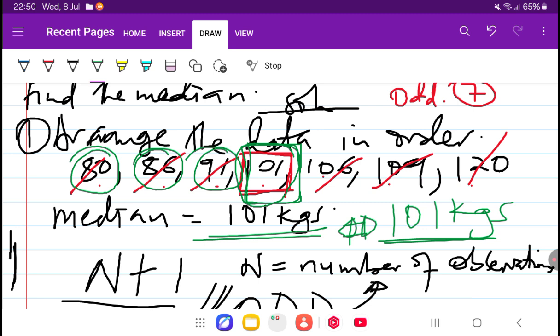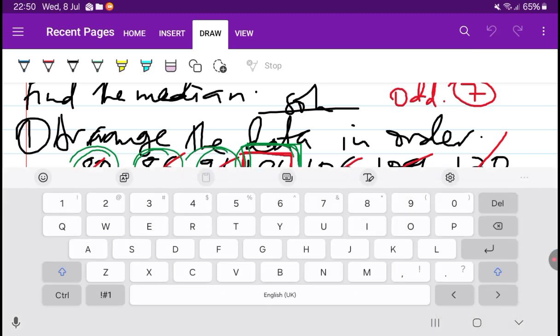So either way, you are good to go, as long as they have given you an individual data set, and at the same time they have not given you classes, or items that have frequencies.